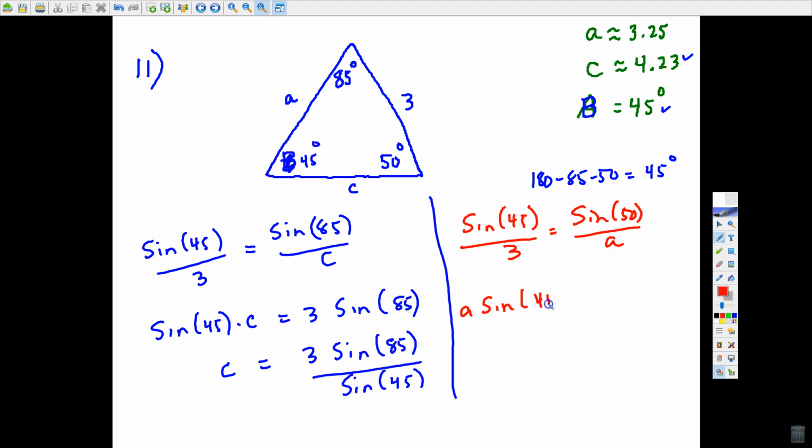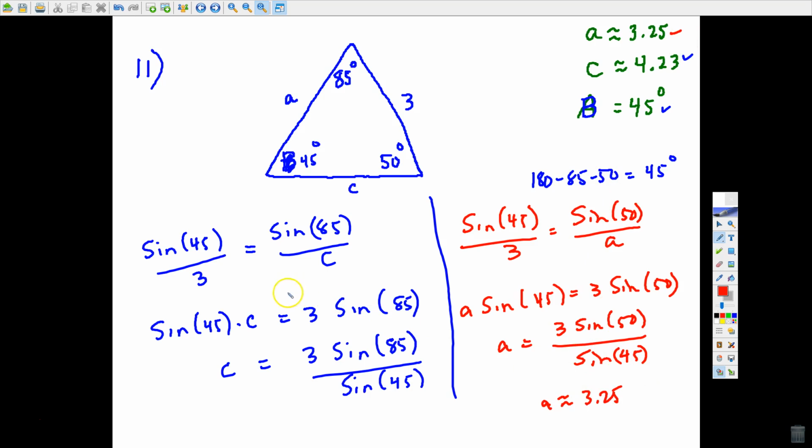A sine 45 is equal to 3 sine 50. And so in our calculator, we're going to do 3 sine 50 divided by sine 45. And let's see what that is. That's 3.25, so that checks out.